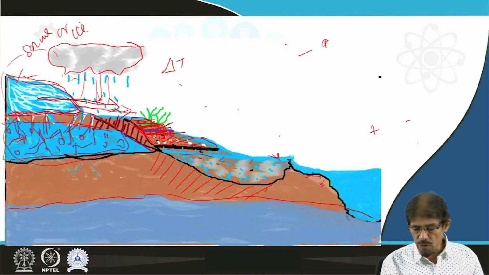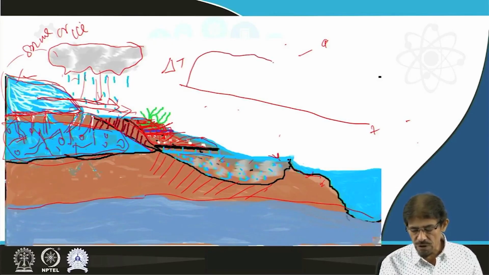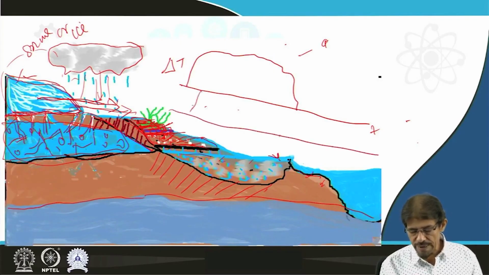Here I try to show with the help of this cartoon. This is the ice mass and this is the rock strata.